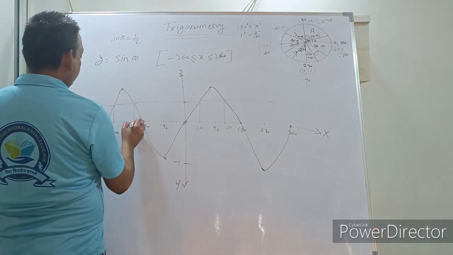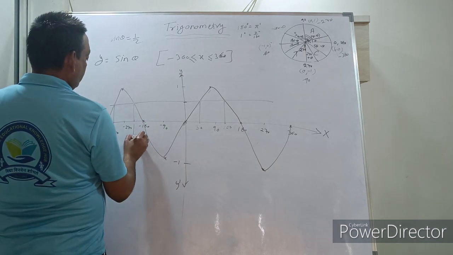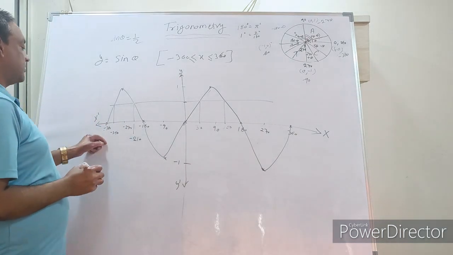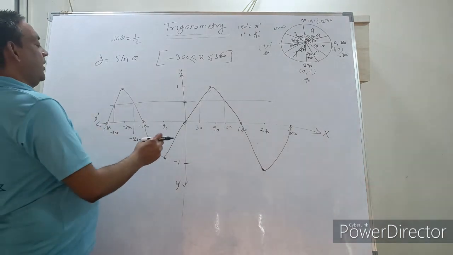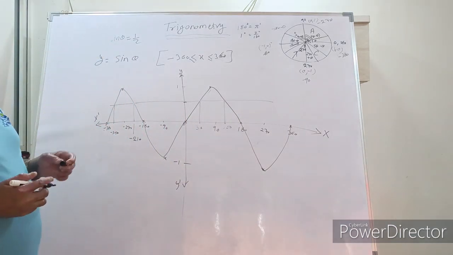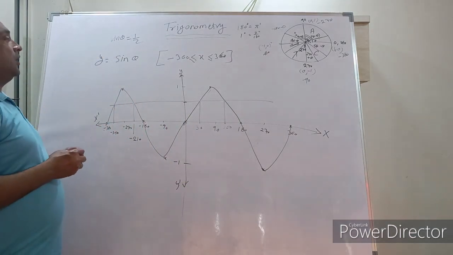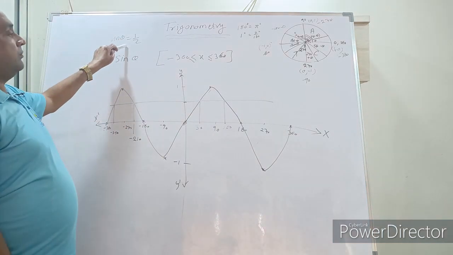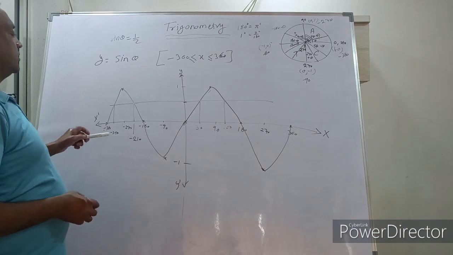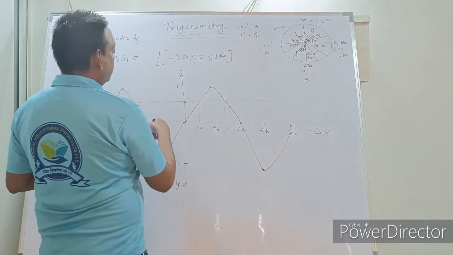So this will be minus 210, and this will be minus 330. So minus 330, minus 210, and then 30 degree and 150 degree are the answers of this. This we can do either by using the unit circle diagram, or by using the graph also. So this is the normal sine graph.